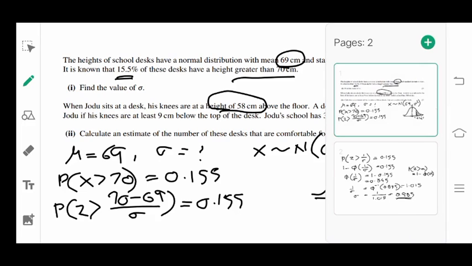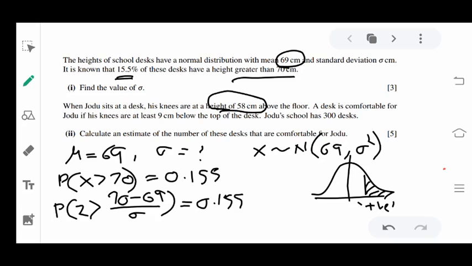So we get 58 plus 9, which is equal to 67 centimeters.